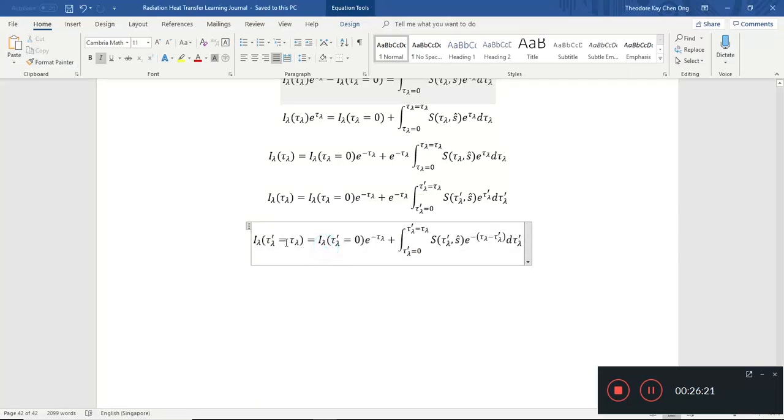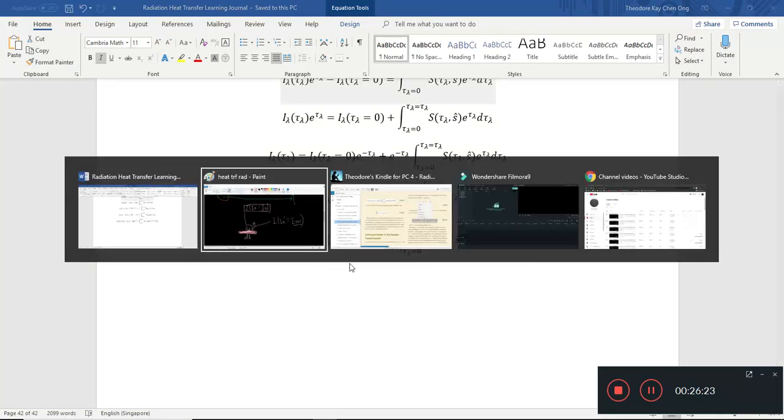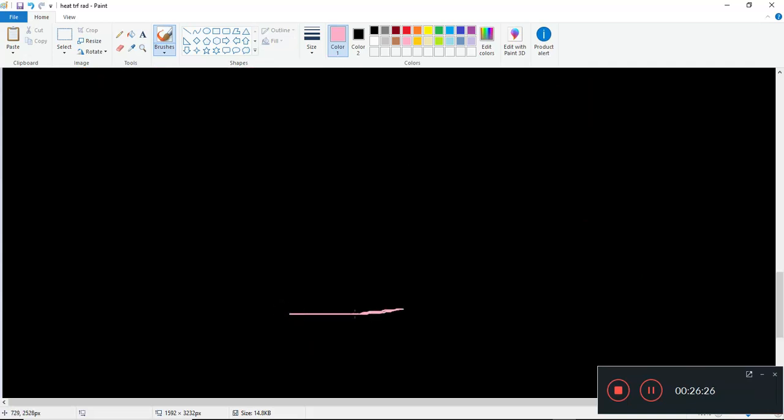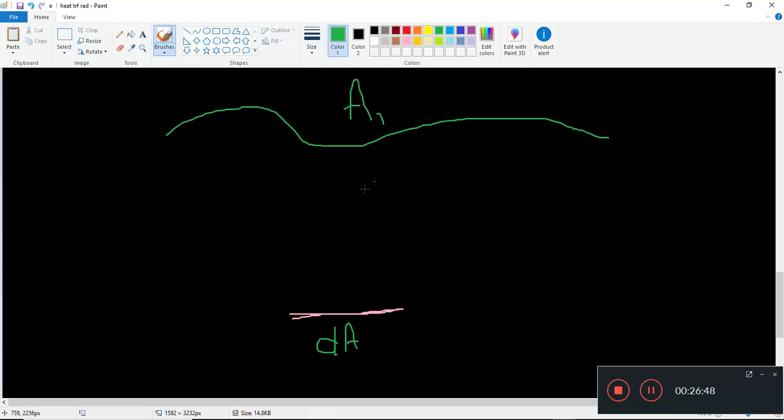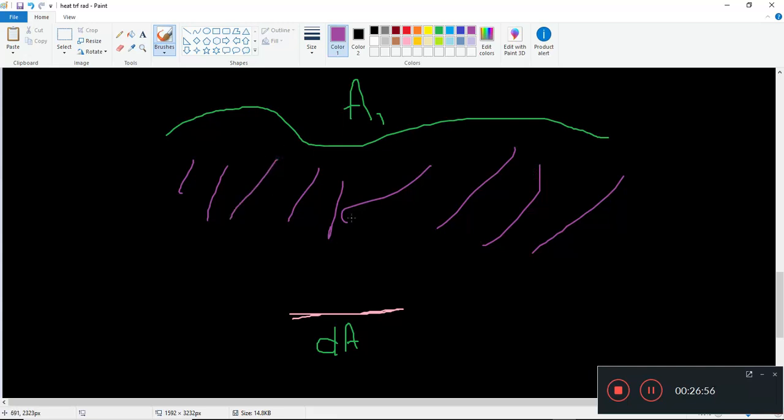So if you can picture this, let's say you have a long plate here, or some arbitrary surface, and this is the area dA, and this is A1. You have some boundary there, and you have some medium here with a specific temperature, so there is some scattering and there is some emission.